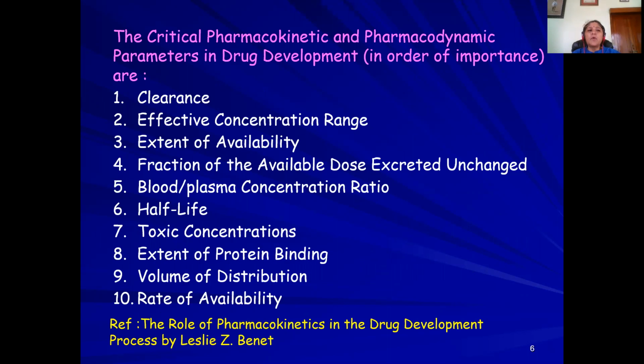The critical pharmacokinetic and pharmacodynamic parameters in drug development are clearance, effective concentration range, extent of availability, fraction of the available dose excreted unchanged, blood or plasma concentration ratio, half-life, toxic concentrations, extent of protein binding, volume of distribution, and the rate of availability.